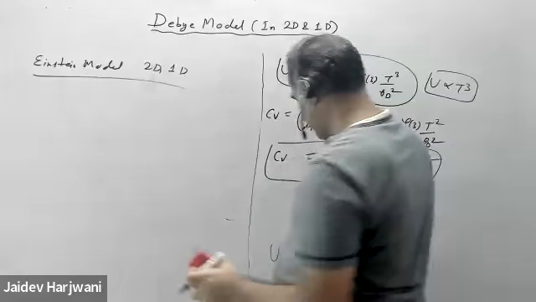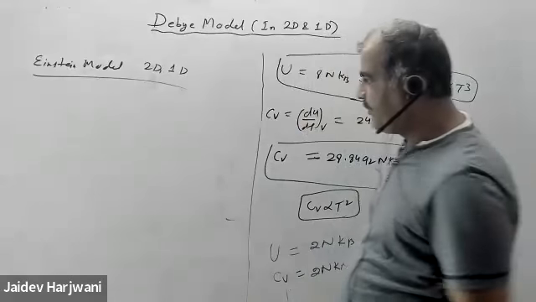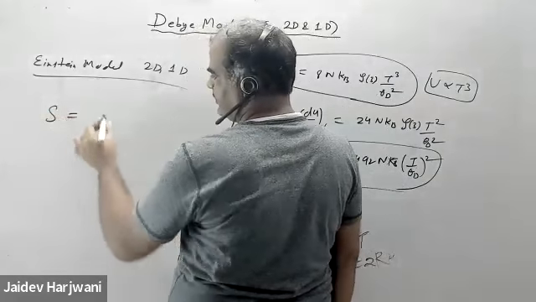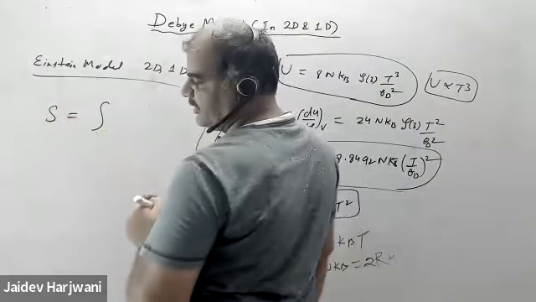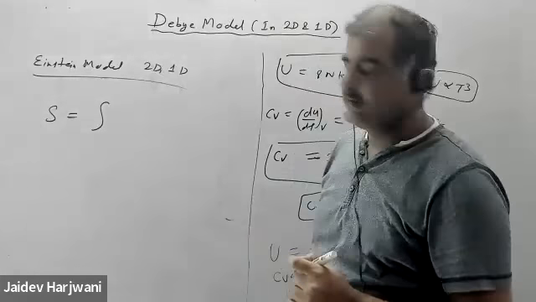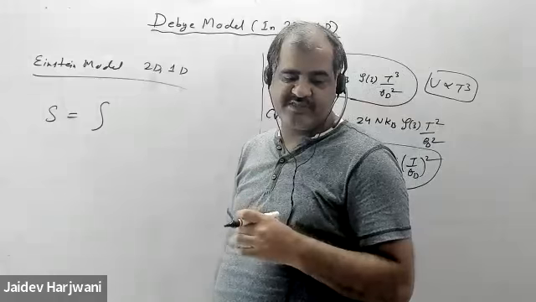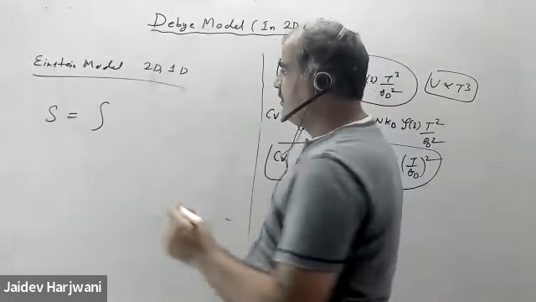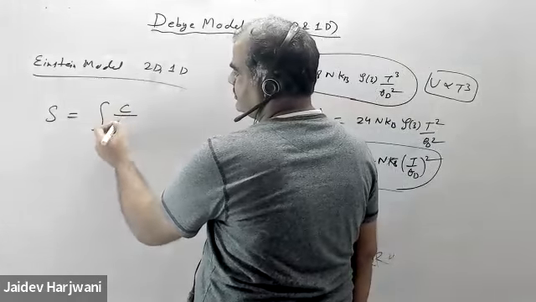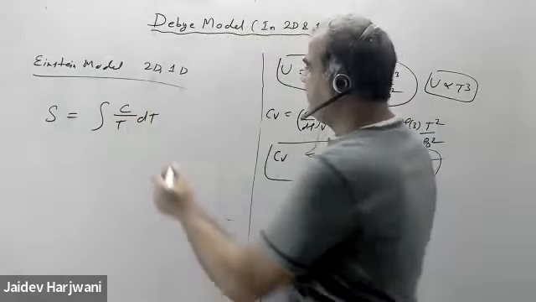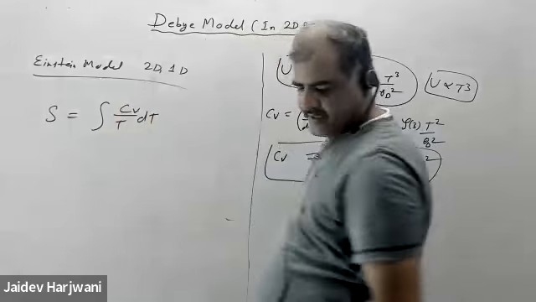So now I want to calculate entropy. एंट्रोपी का फॉर्मूला क्या होता है? इंटीग्रेशन. एंट्रोपी क्या होती है in terms of specific heat? Okay, this is CV dT upon T. You can write CV by T dT.